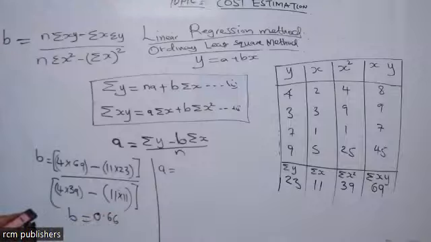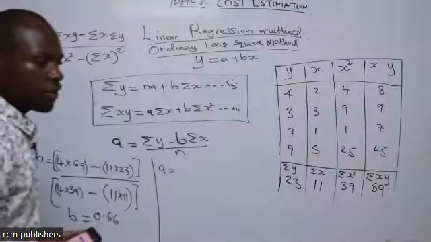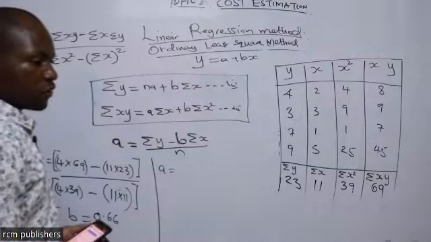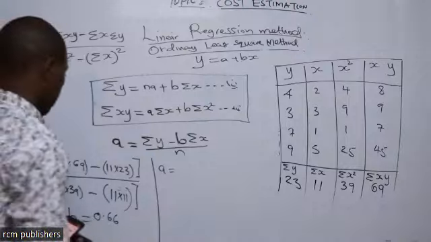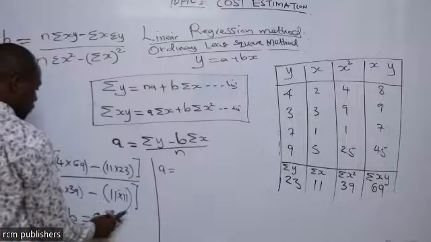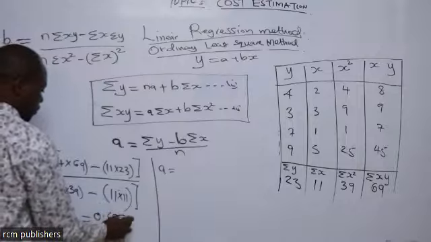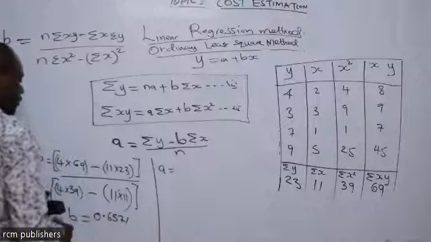The second person can confirm that 0.6. Give me to 4 decimal places: 0.6571. For this one here, at least 4 decimal places.